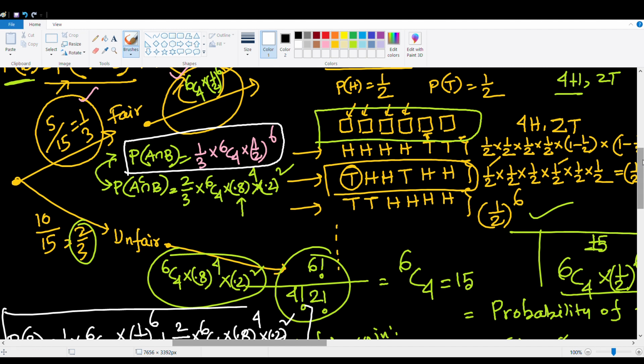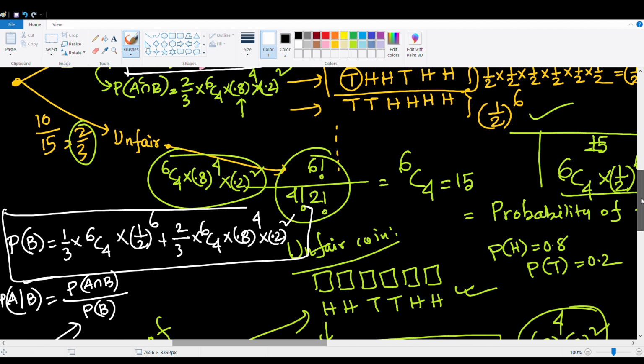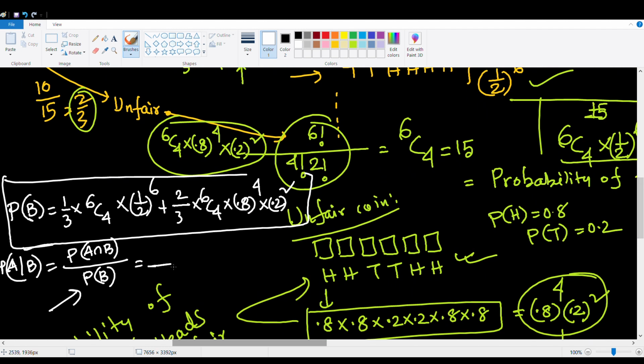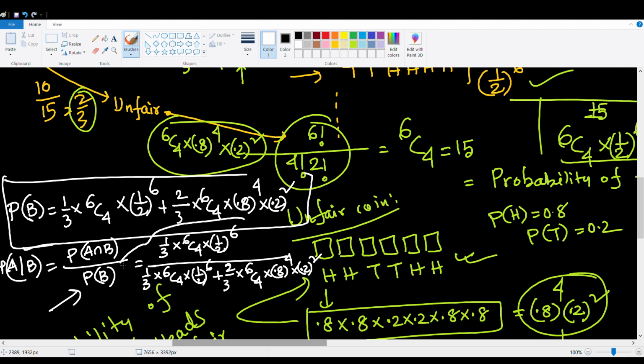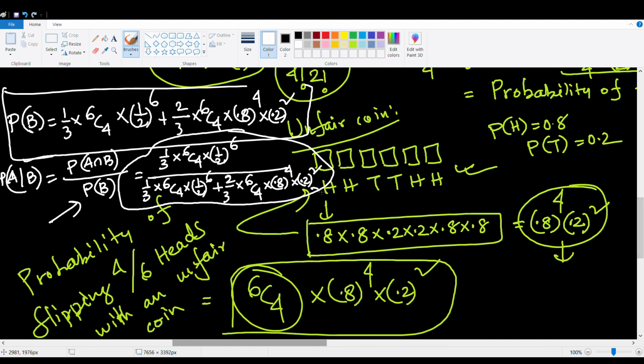Therefore, the final probability is 1/3 times 6C4 times half to the power 6 divided by 1/3 times 6C4 times half to the 6 plus 2/3 times 6C4 times 0.8 to the power 4 times 0.2 square. So if you calculate this fraction, you will have a probability. Sorry, it's a little clumsy. So 0.3227. Okay, so this will be the probability.